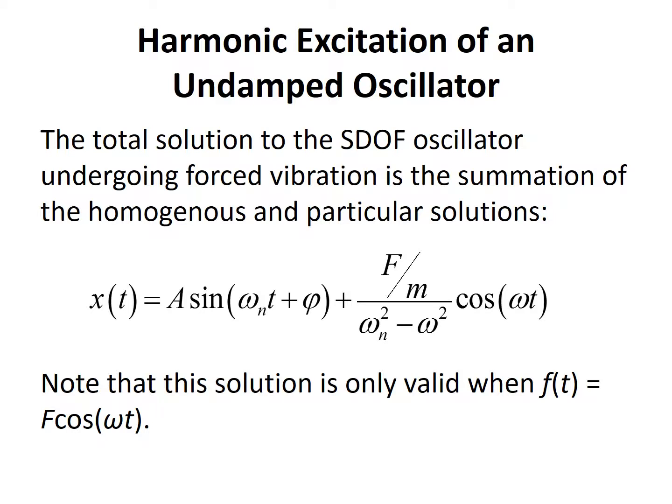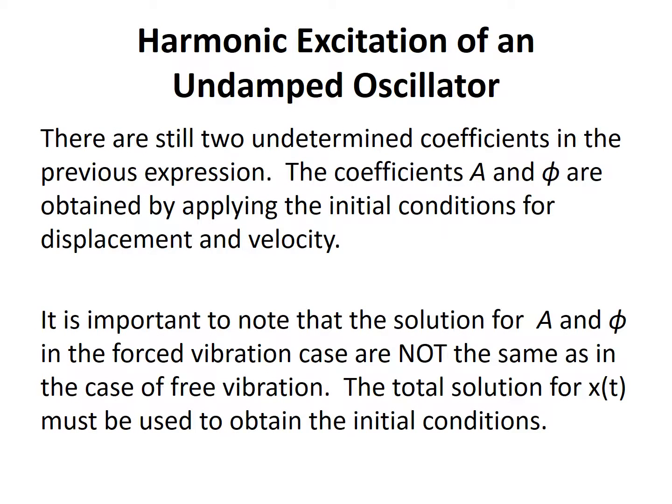Also, we note that there's still two undetermined parameters in this expression, the amplitude A of the homogeneous solution and the phase angle phi, also of the homogeneous solution. Now, in the case of the free vibration, we solved for these two undetermined coefficients by using the initial displacement and the initial velocity.